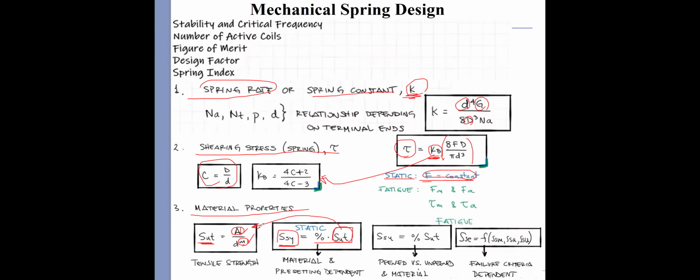If this mechanical spring is subjected to cyclic loading, or fatigue, we have to recap what we learned in the previous semester: what fatigue criteria do we use? In this case, we have to figure out the mean force and alternating force, the mean shear stress, and the alternating shear stress.